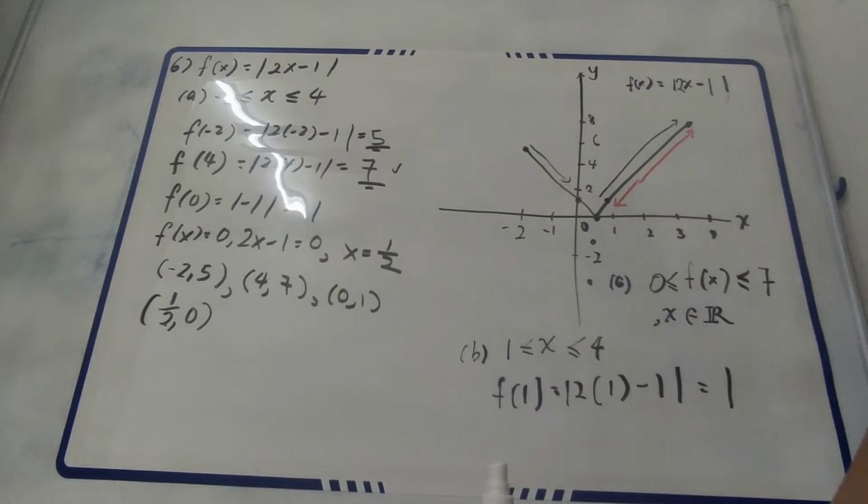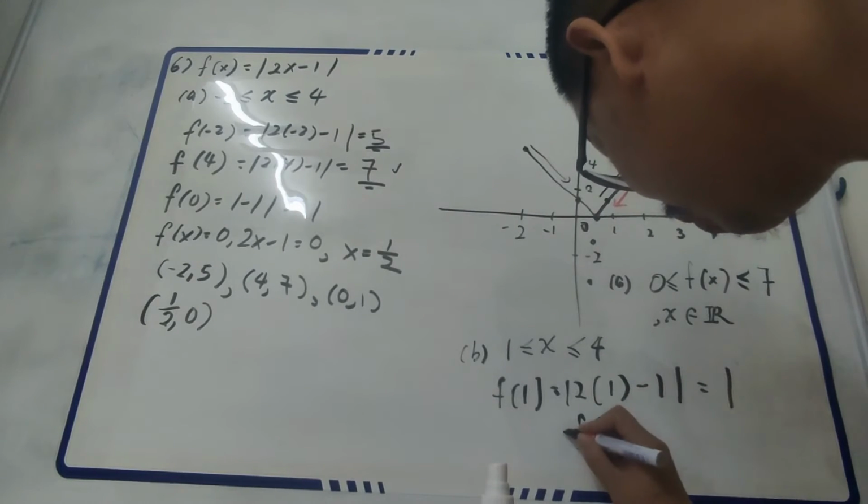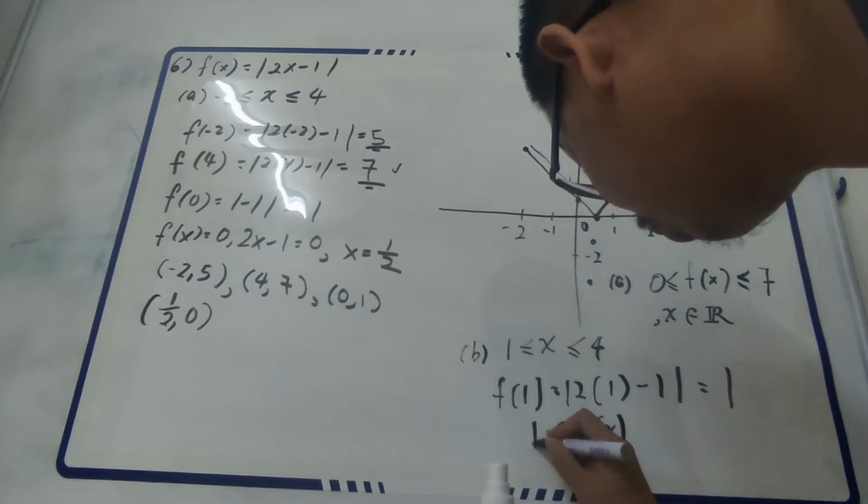So the answer for question 6B is your f(x) should be bigger or equal to 1.